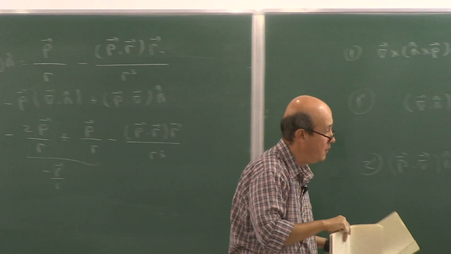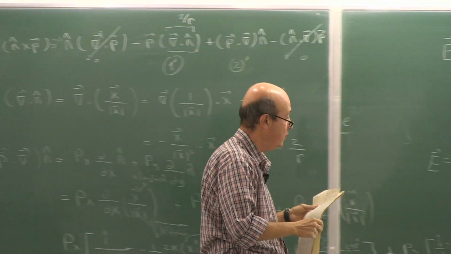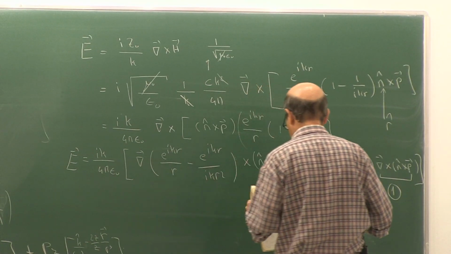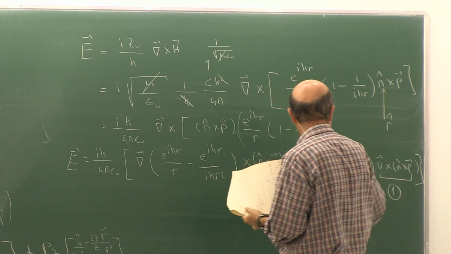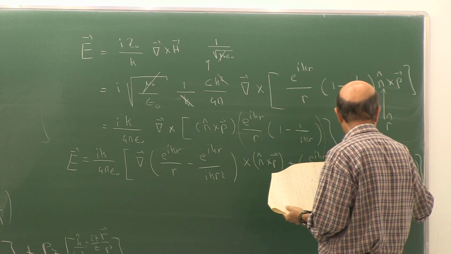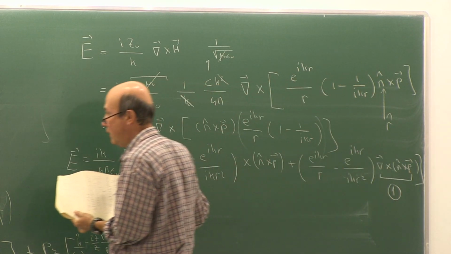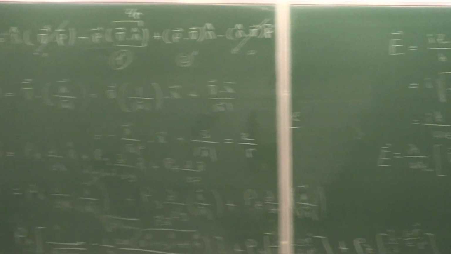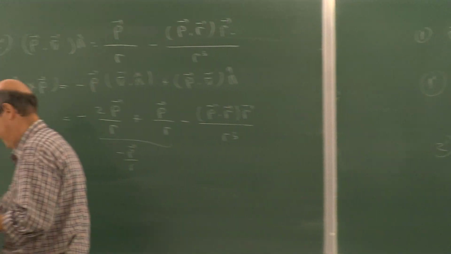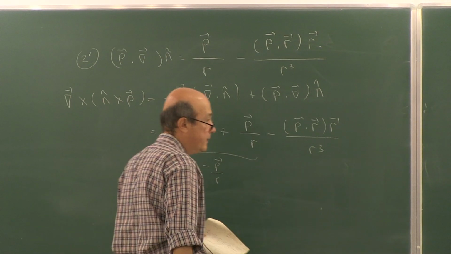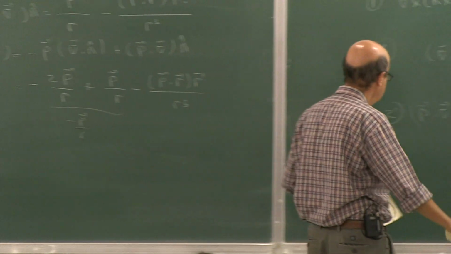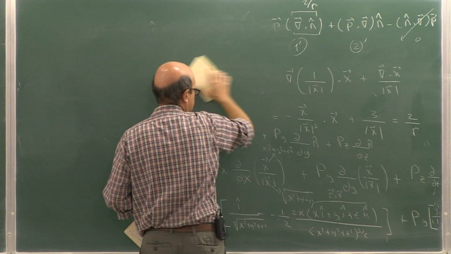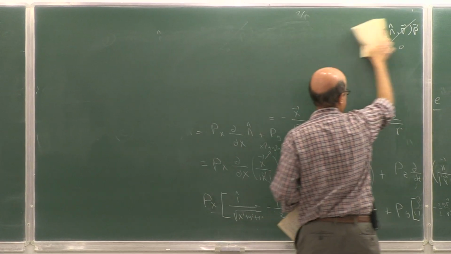So we have terms going with 1 over r square and 1 over r cubed. So this is the calculation of the curl of n cross p. So I'll show you quickly the other term, and I come to the point as quickly as I can.